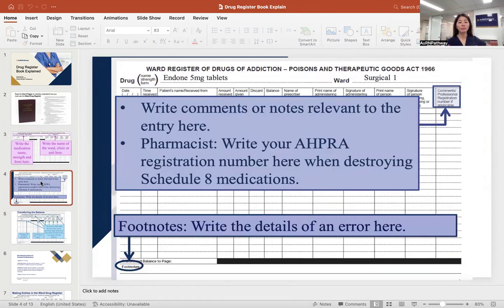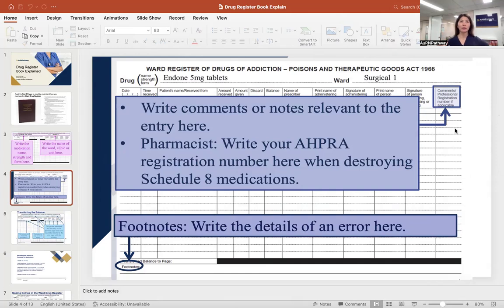So let's move on, right? A little bit of basic knowledge. In the comment section, this is where you usually put any relevant comments if there are any, or also where the pharmacists write when they destroy the S8 and S4 medication. Yes, in Australia, if we're to dispose or discard an excess medication or expired medication, the pharmacy are the ones to do that, right?